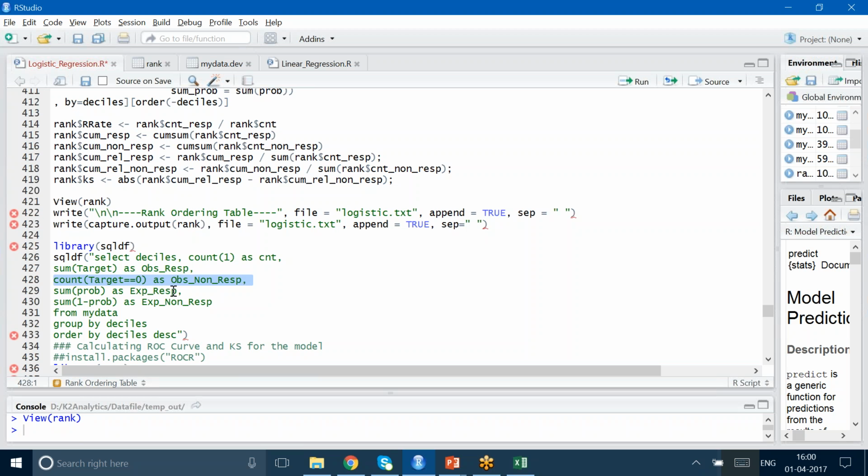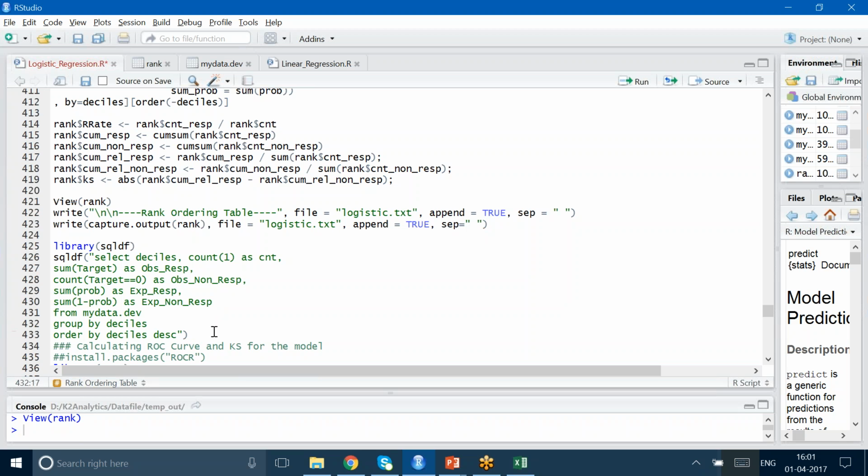So if I want to compute expected, what I can simply do in a given decile is sum the probability, because each customer I gave a probability. I simply sum the probability, it will give me the expected number of responders. 1 minus the probability is the probability of not responding, so I sum that too.